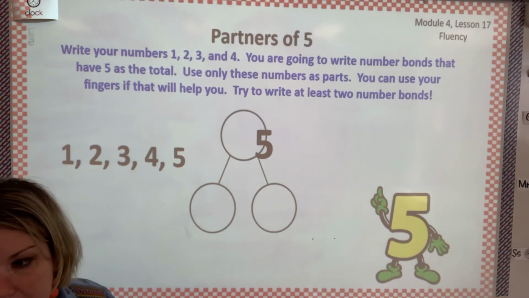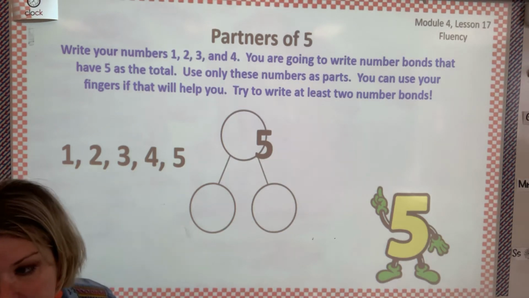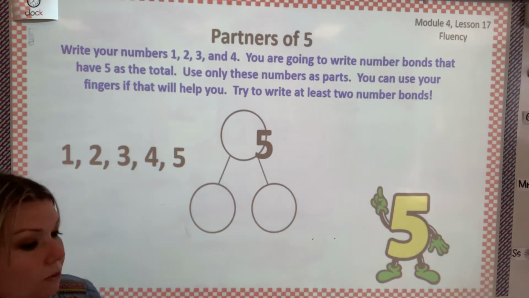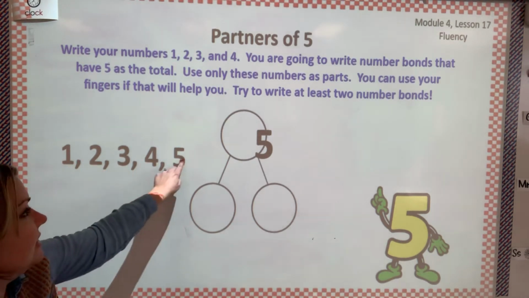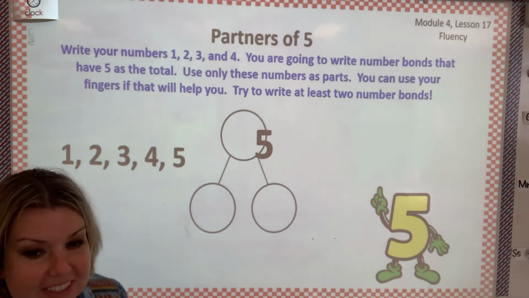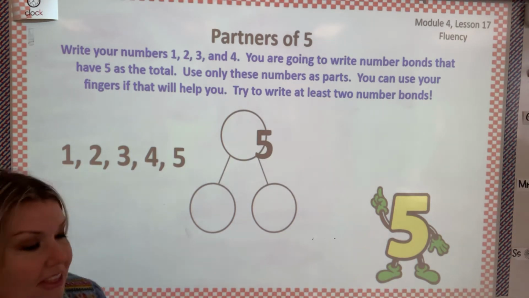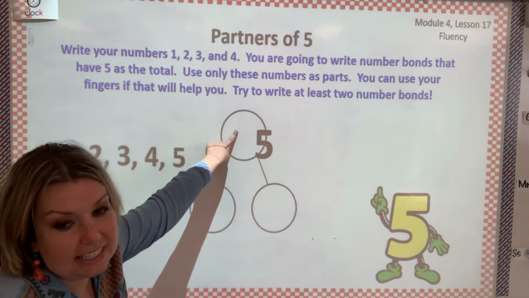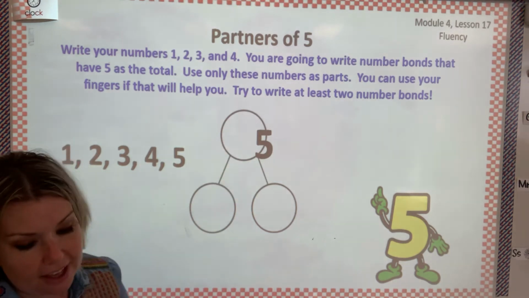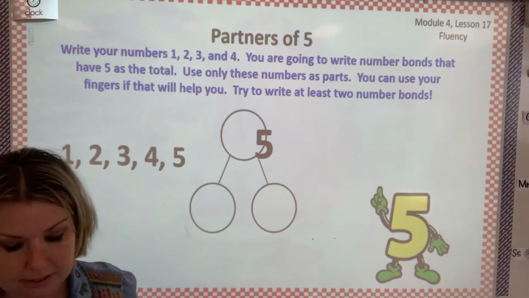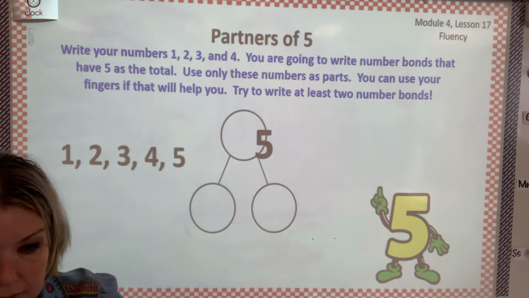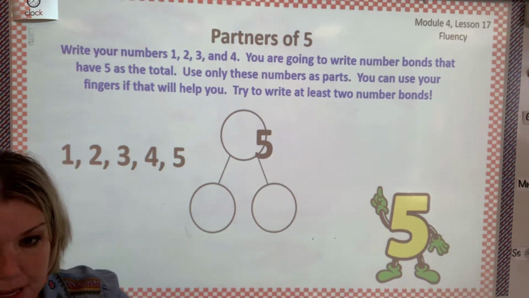We're going to write number bonds that have 5 as the total, but you can only use these numbers. So, think about that. Your 5 is going to stay in your hole. So go ahead and do your number bonds and put 5 in your hole. I'm going to do it too.